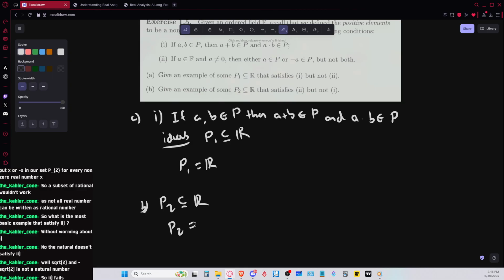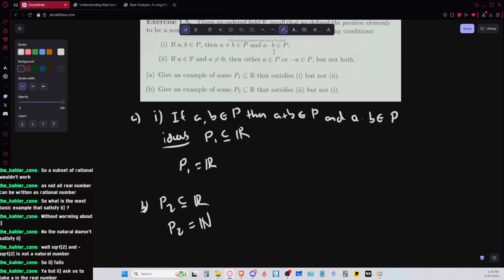Well, the square root of 2 is not a natural number, so it fails for. Well, the square root of 2, I know it's not a natural number, but if I had P2 equal to the natural numbers, because my thought was that if we did it like this, the problem with it is that it also fulfills 1, because every natural number you add together or multiply together will give you a natural number, and that's the thing that takes away from it.